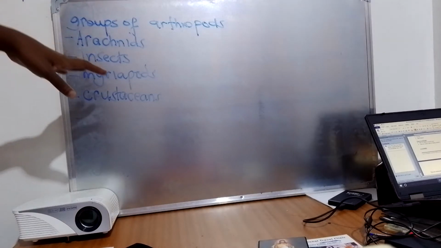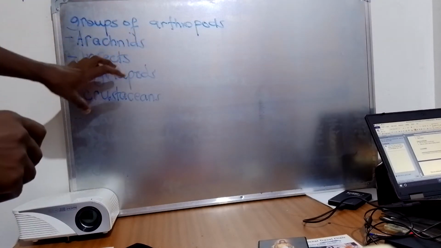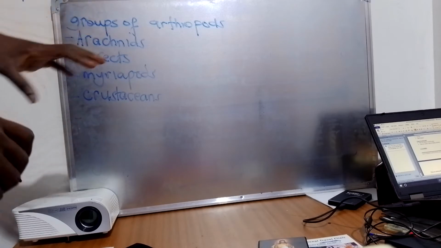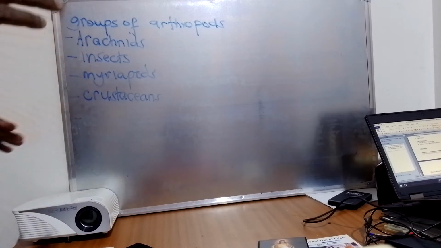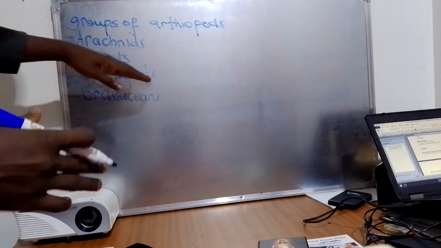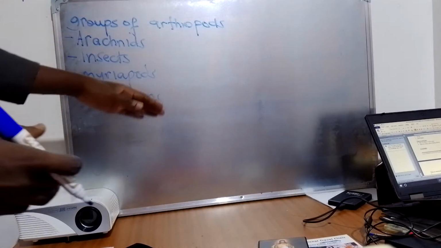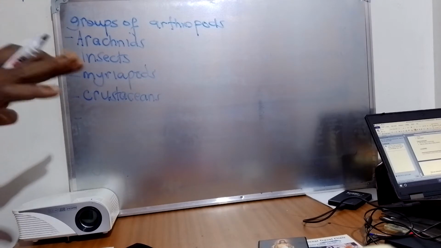So these are the groups of arthropods, the invertebrates whose bodies are segmented. Arachnids have segmented bodies. Insects have segmented bodies. Myriapods have segmented bodies. Crustaceans have segmented bodies. That's the first thing.